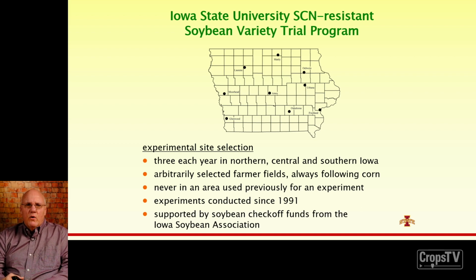We only do that once, and then we'll never go back to that area. We always want to follow corn. We may work in the same field 2 or 3 times, but we will conduct the experiments in different parts of the field. And even though these are large variety trial experiments, they only take between 3.5 and 5 acres. So we're renting a small part of a much larger field from these farmers.